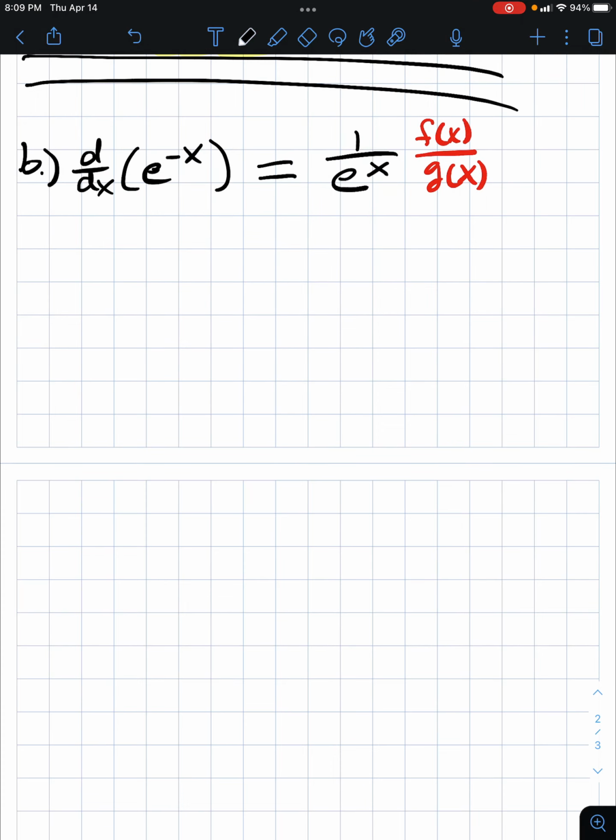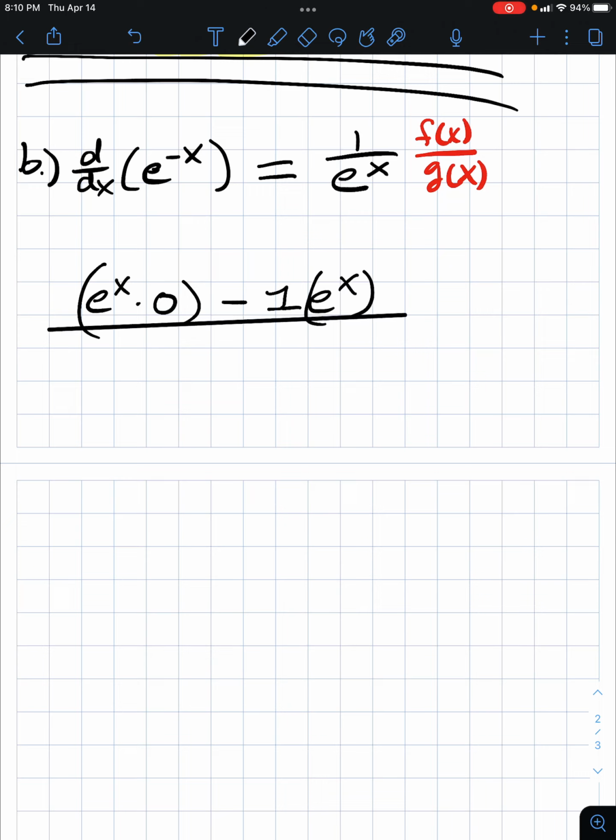If we apply the quotient rule, it's going to be low, so e to the x, times the derivative of 1, which is just 0, minus 1, low d high minus high, so 1 times the derivative of e to the x, which is just e to the x, then we divide by e to the x squared.